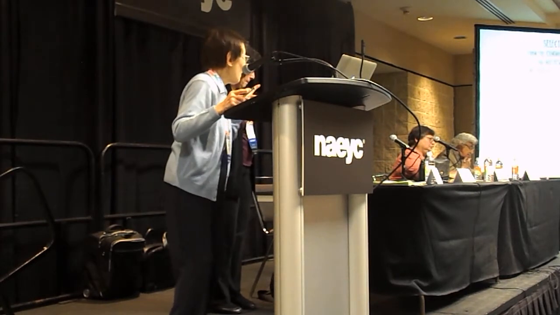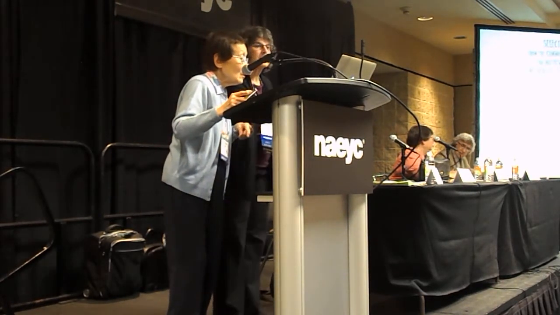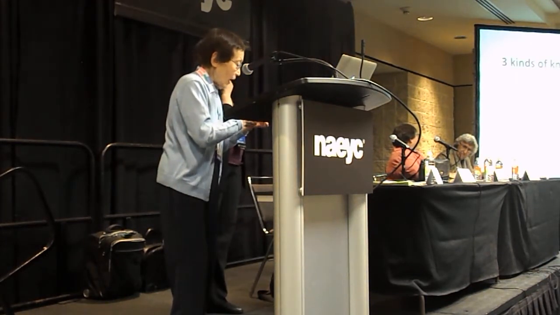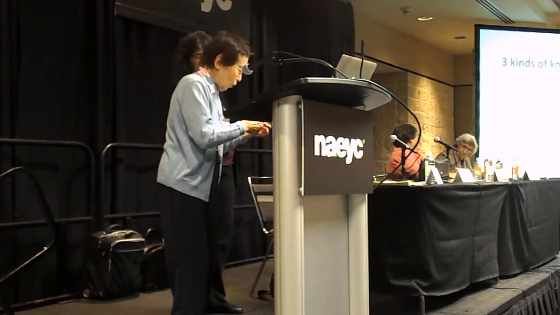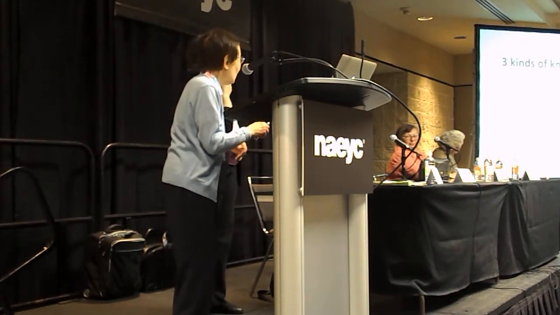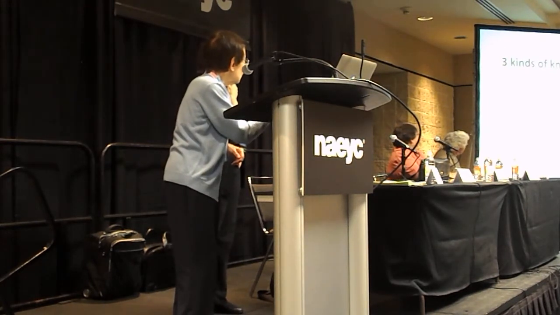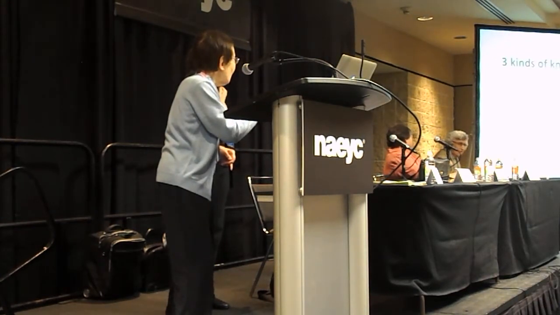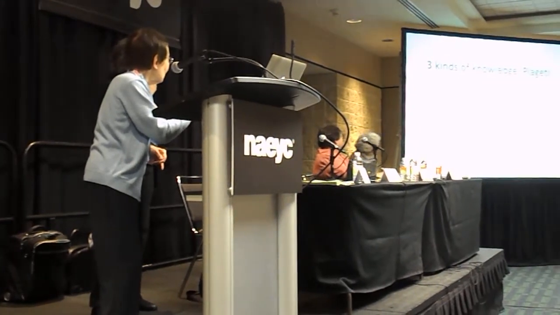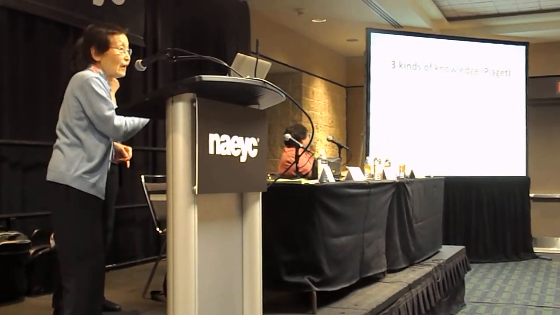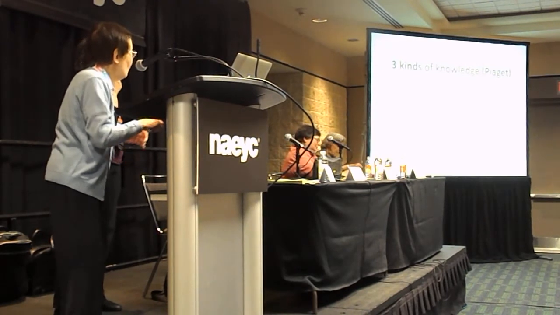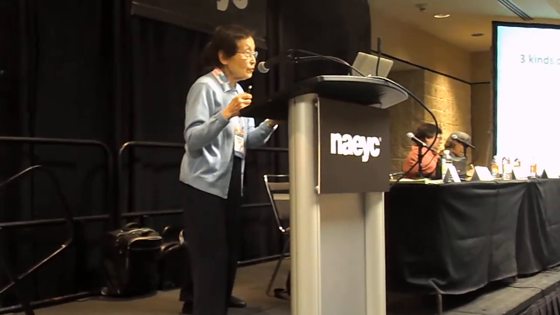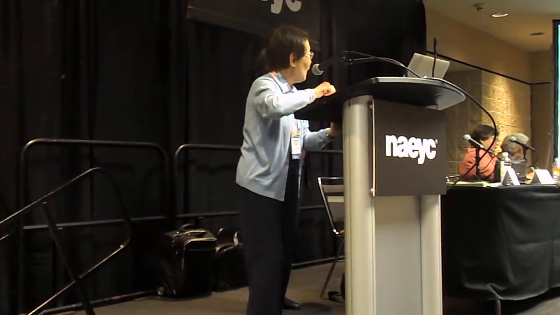And the 3 kinds of knowledge, I sent this to Diane over the internet, and physical knowledge got shoved to the right, but actually they are of equal importance, so they should have been here.